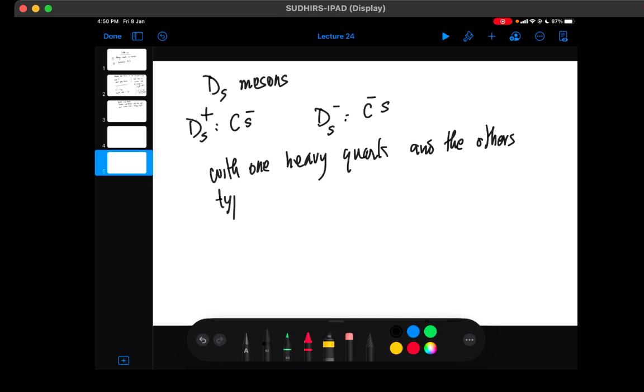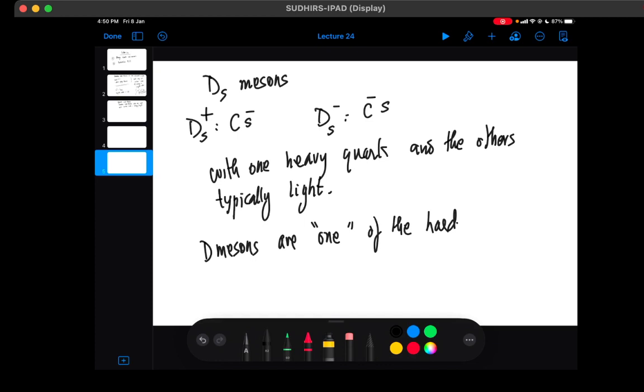Okay, typically light, but the D mesons are one of the hardest objects currently, hardest objects to understand theoretically or from first principles, like putting on lattice or any of these things.